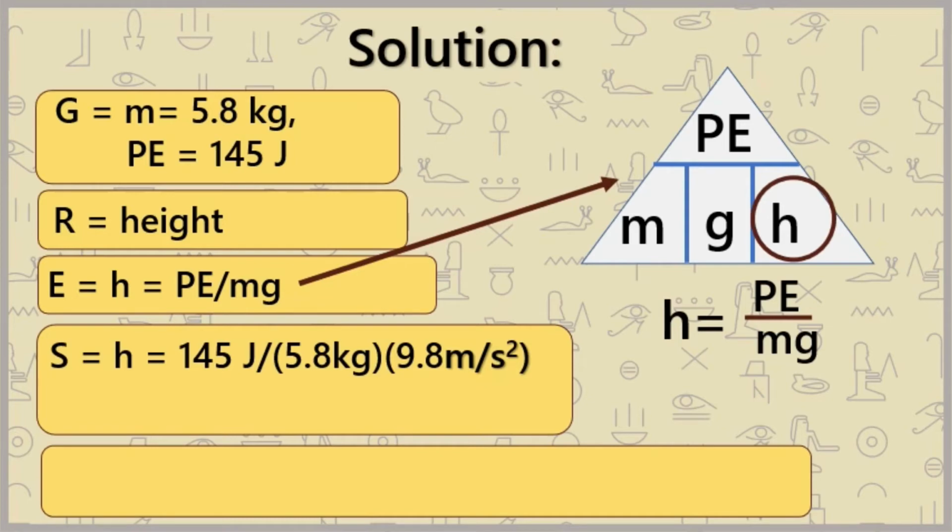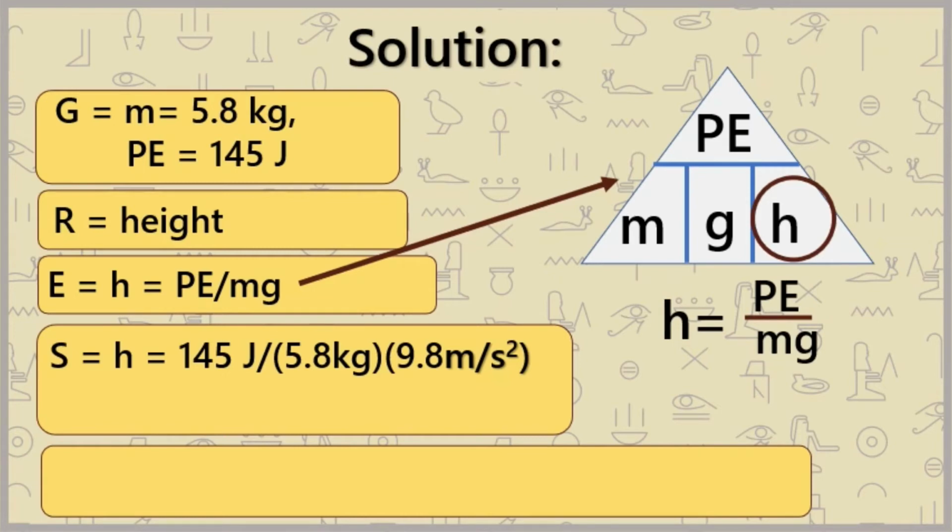First we have to multiply the 5.8 and 9.8 before performing the division. If we multiply it, then we will have the answer as 56.84. Alright, that is correct.